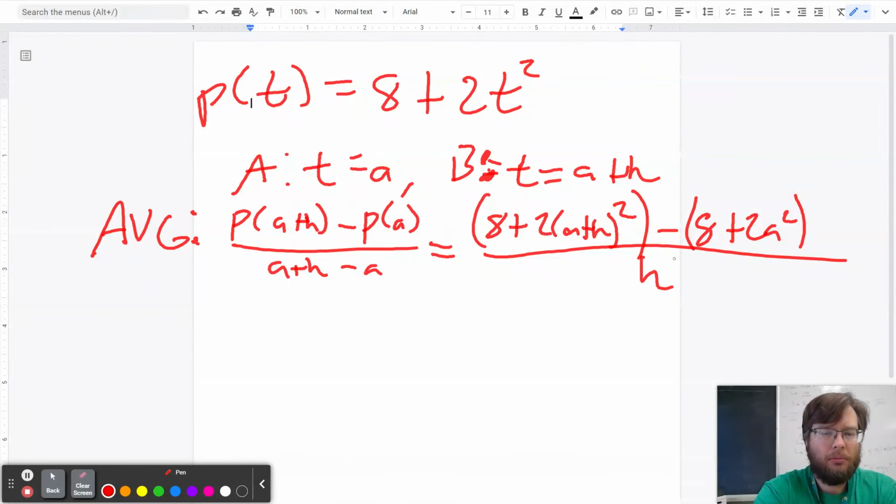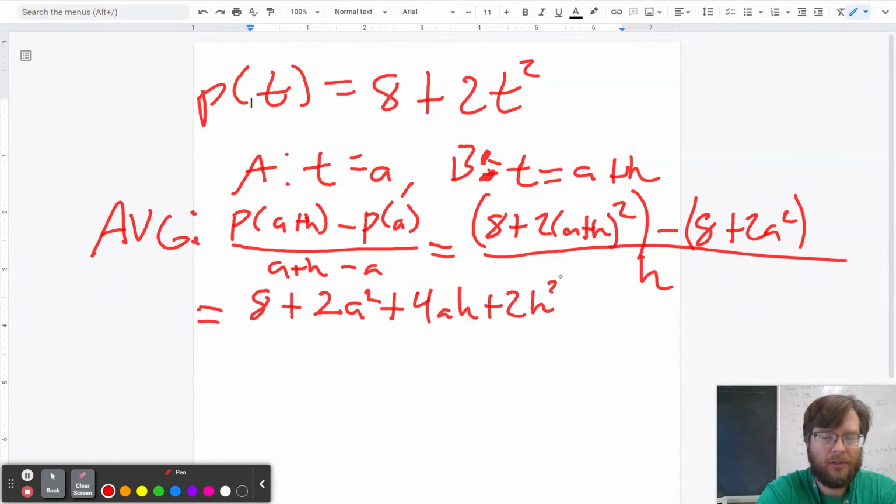You can distribute out the first chunk to be 8 plus 2, and then we're going to have a squared plus 2ah plus h squared. So I distributed the 2. I said a squared plus 2ah plus h squared, and then multiplied each of those by 2 because of this guy right there, and then distribute the negative.